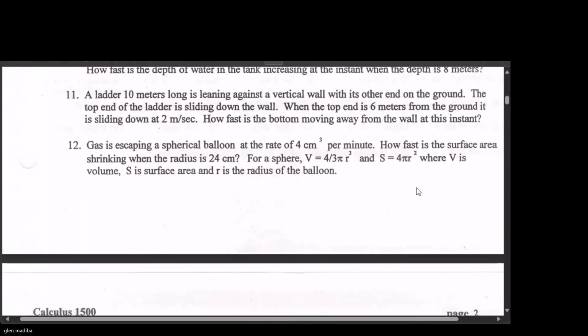Like in physics, they would say the derivative of position is velocity, and then if you take the derivative of velocity, it would be acceleration.